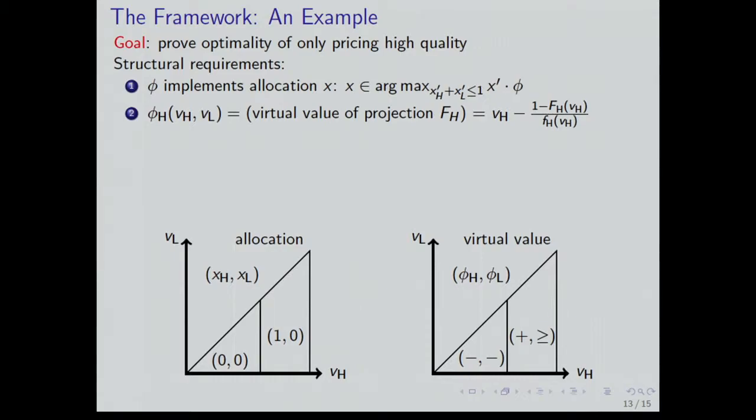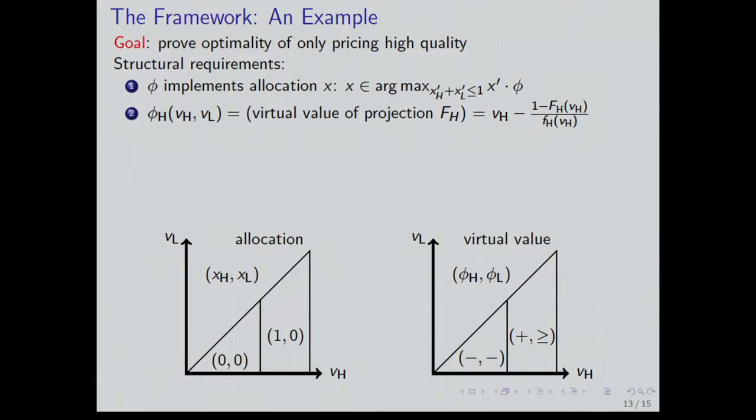Let's say that the virtual value of the high quality product is not a function of the value for the low quality product. How this helps us is that it lets us extend the result to multi-agent mechanisms, because if two virtual values for high quality products are treated differently based on the low quality, then you cannot just ignore the low quality product and optimize surplus.